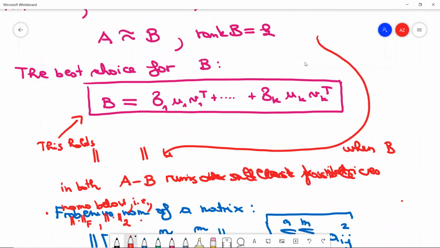And we call those sigmas principal values. So the biggest sigmas are called principal values, and the corresponding V's are called principal directions. And why are they important? Because they tell us something about our data.